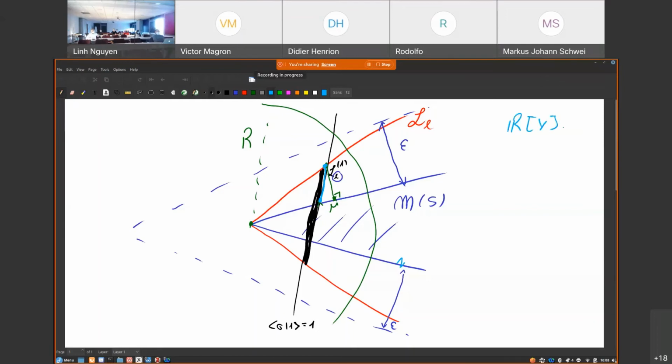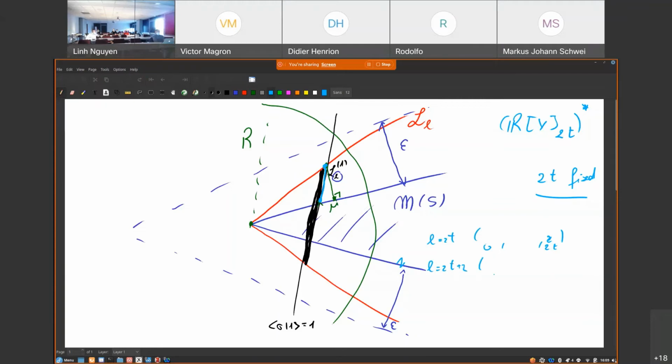Yes, it's 2t for some t. For the degree given, we fix 2t. So we have our moment sequences that go from degree 0 to degree 2t. Then we have L. Say for L equal to 2t, this L is just the dual of the quadratic module, more or less.